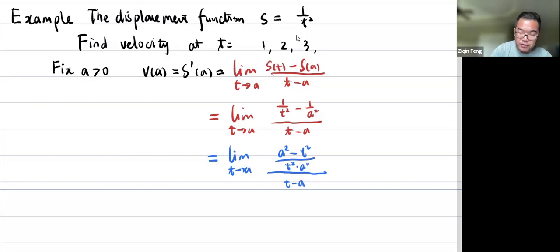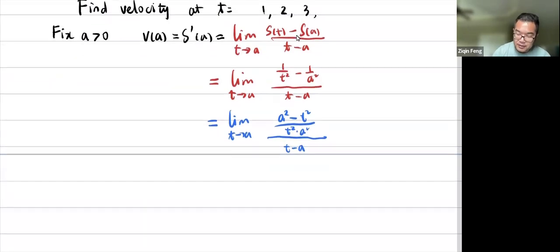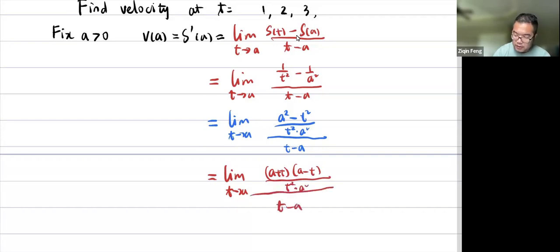Factoring a squared minus t squared, as t goes to a, you get a plus t times a minus t over t squared times a squared, over t minus a. You can cancel these two terms, leaving negative 1 because a minus t is the other one times negative 1.